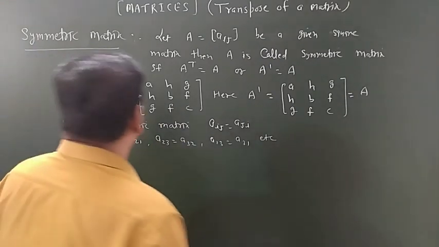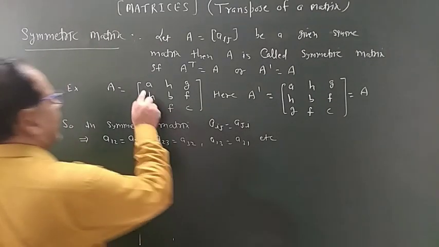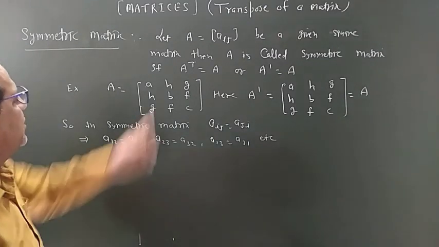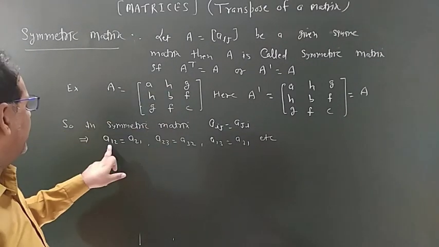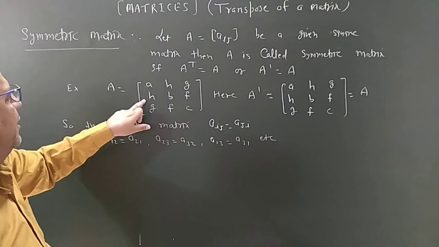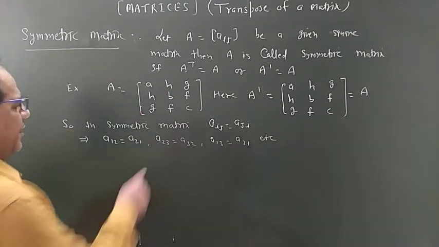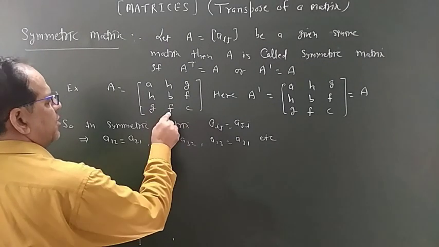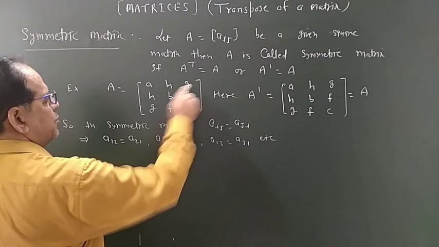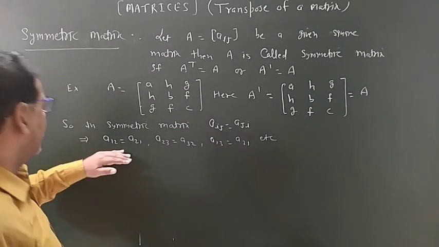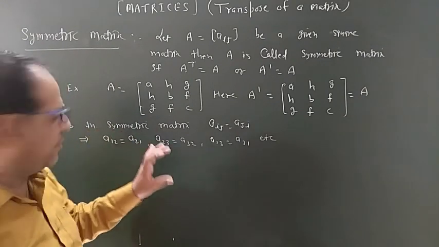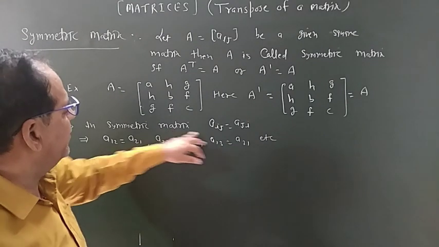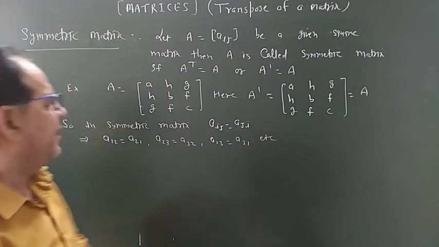To memorize, A11, A22 and A33 may be any numbers. Now we start with A12. This is A12, now A12 becomes A21, so this value is the same as this. This is A23, so again this becomes A32. This is A13, so this becomes A31. So this is the terminology for memorizing. So in a symmetric matrix, always we have Aij equal to Aji.